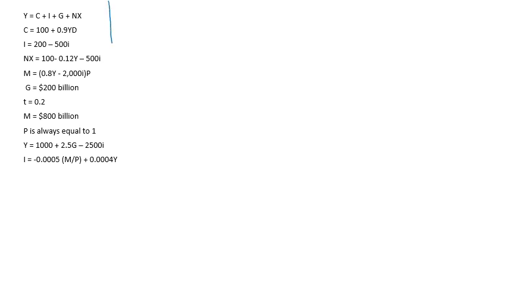So once again, these are our equations, and these last two are what we calculated previously. This is the equation for the IS curve, meaning the goods and services market, and this is the equation for the LM curve, the money market.